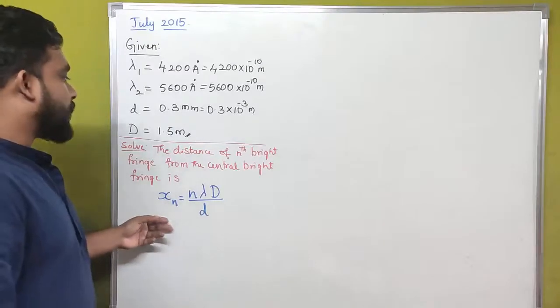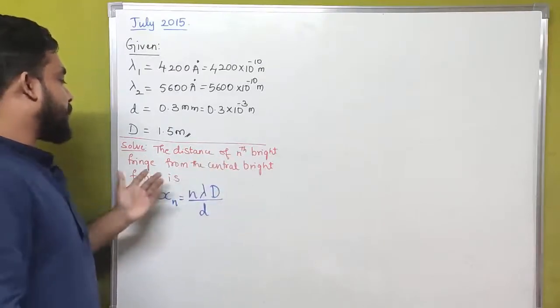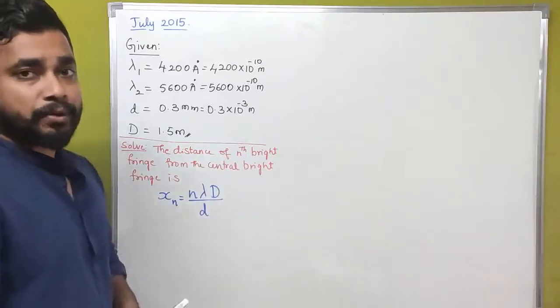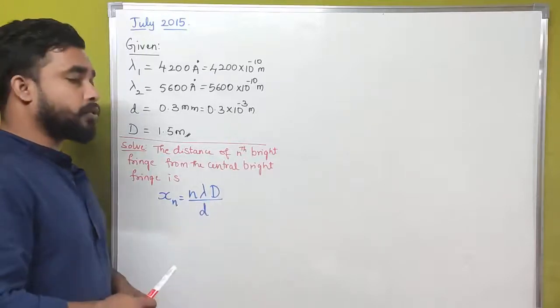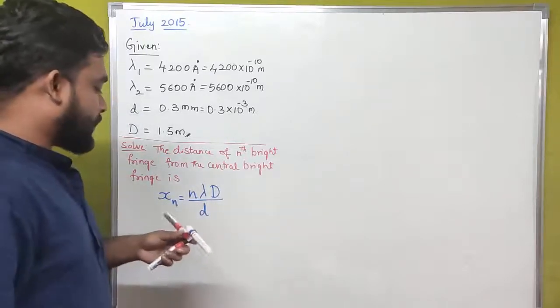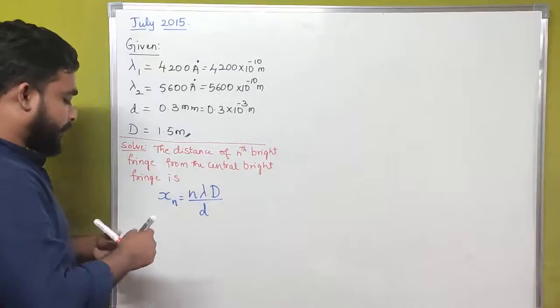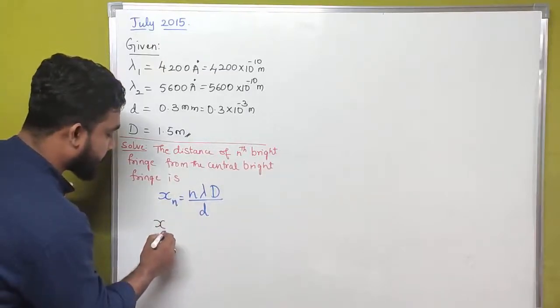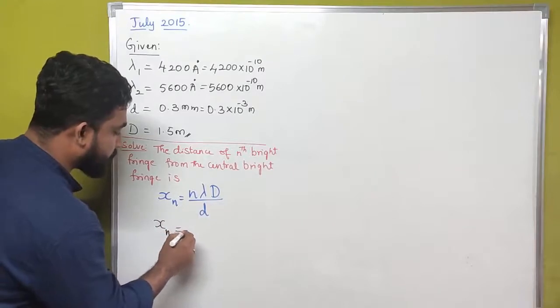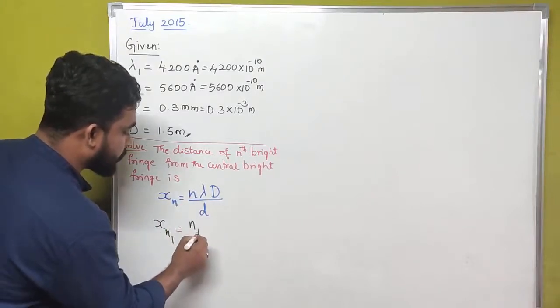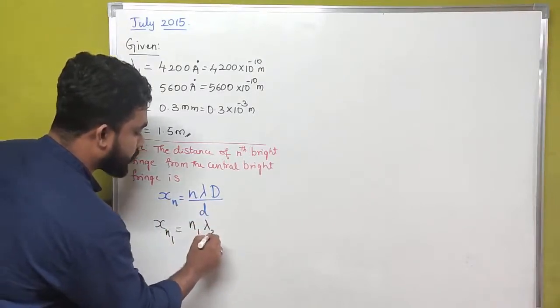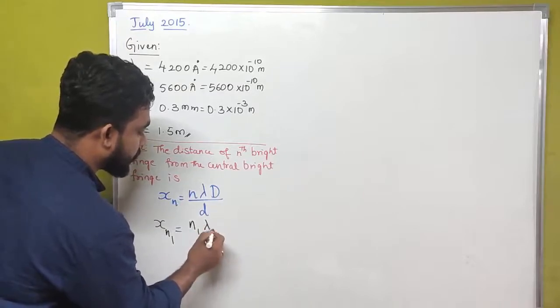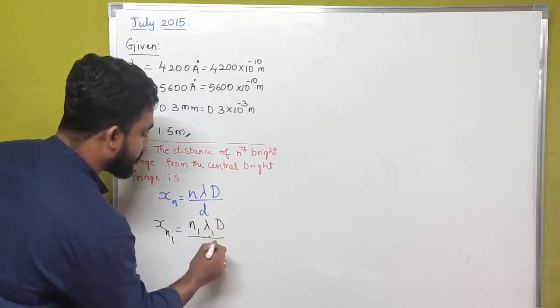Now the distance of the nth fringe from the central bright fringe is xn equal to n lambda D divided by d. The modified expression is x n1 equal to n1 into lambda 1 capital D divided by small d.